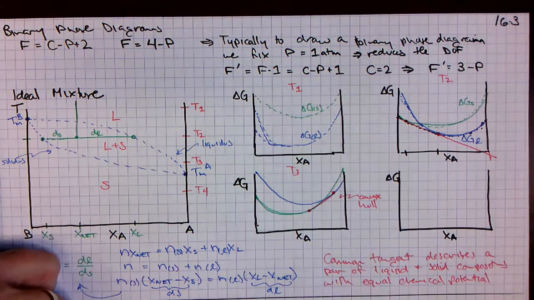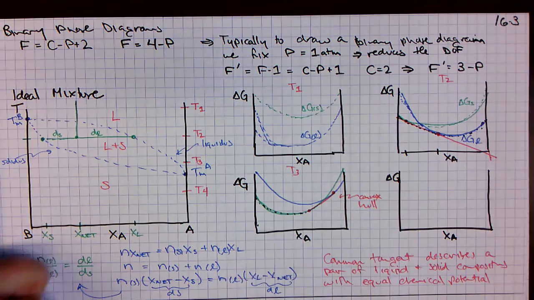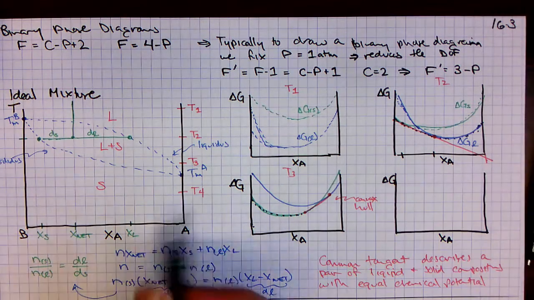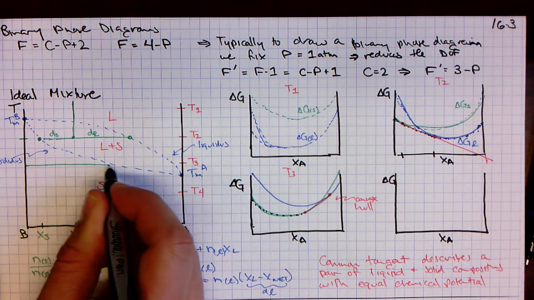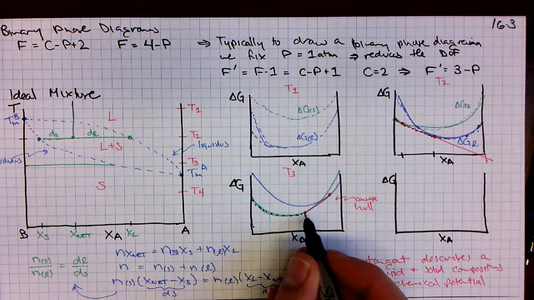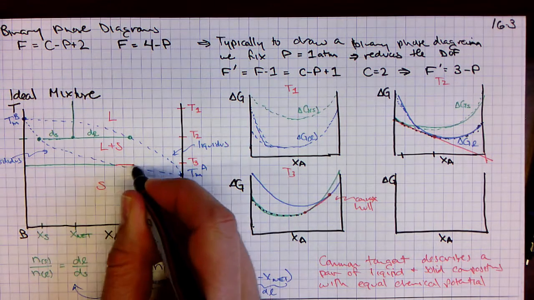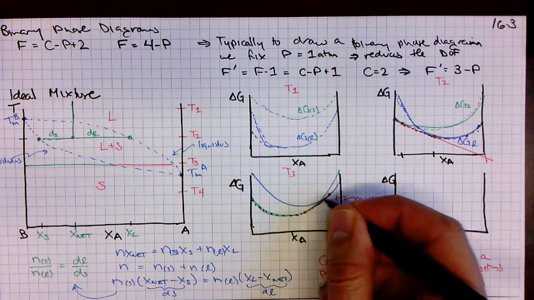And in this case, it consists of the liquidus here. So this corresponds to the points. Now we're at T3, from here to here, we're on the green curve. Then from here to here, we're on the red curve. So that corresponds to here. That's on our convex hull.